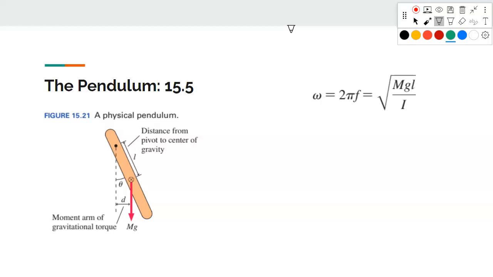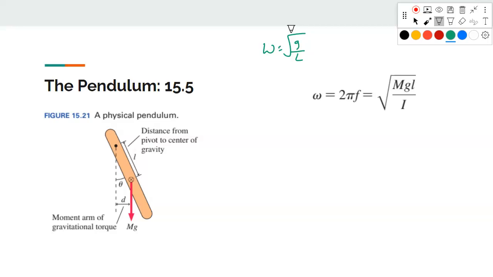So that could be a stick, that could be a circle, any sort of lopsided solid object that has a mass that we let swing and oscillate. It'll look and act a lot like a pendulum, but it will have a slightly different formula. So instead of omega being root g over L, now we have root mgl over I.